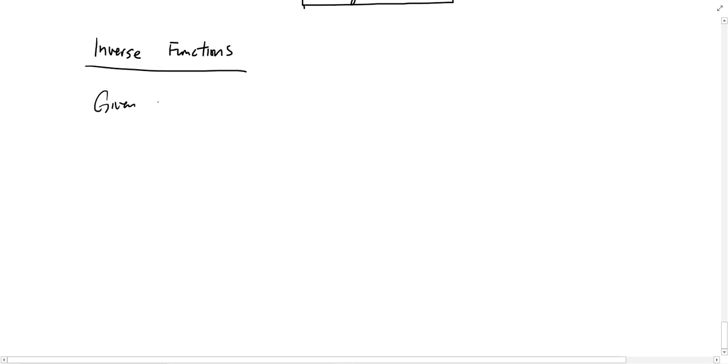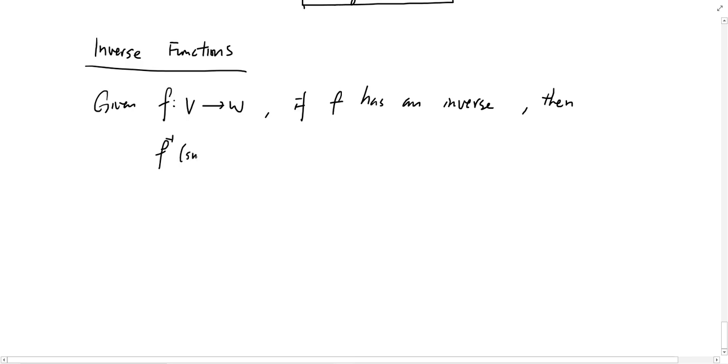Suppose we're given f that maps from V to W, and let's say f has an inverse. Then we can say that f inverse maps from a subset or subspace of W back to V. The reason it doesn't have to be the entire W is that we don't know whether function f actually takes up every element in W as an output.